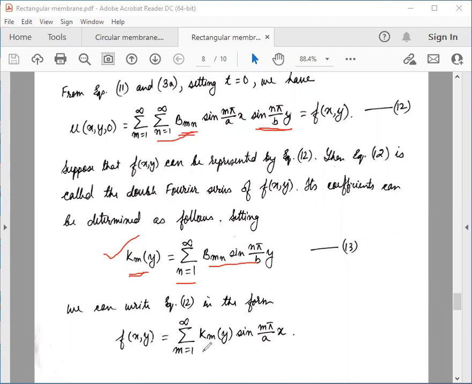Then equation number 12 becomes f of xy equal to the summation over m of Km(y) sin(m pi x by a).